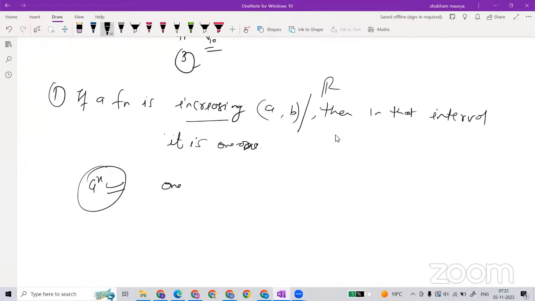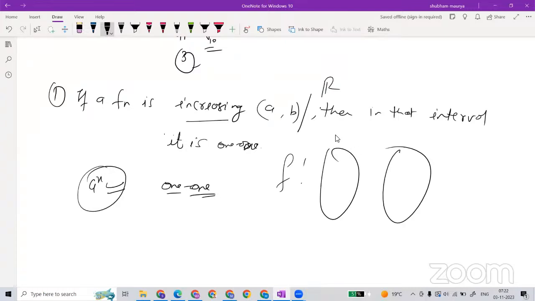So it is one-one. And whenever it is one-one, what does it mean? Suppose you have this function, with elements a, b, c, d, and these are what you are getting, 1, 2, 3, 4.